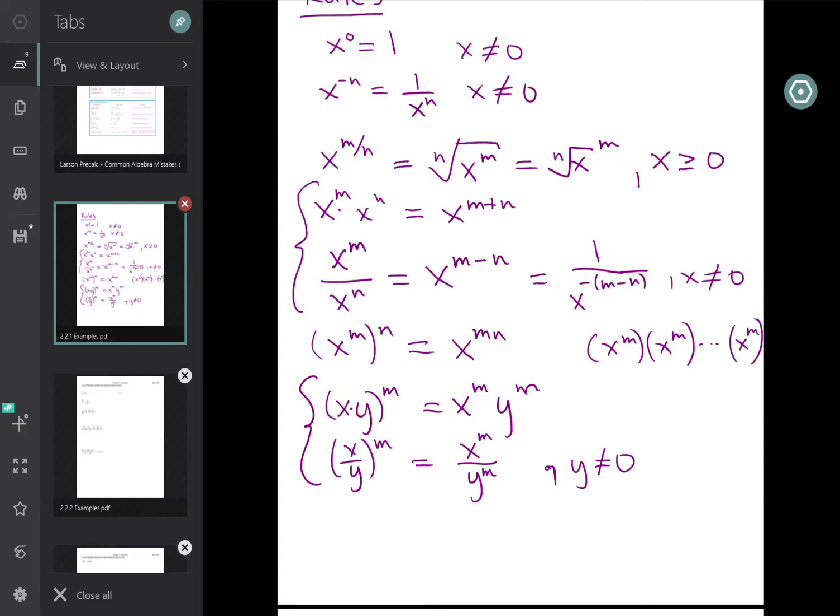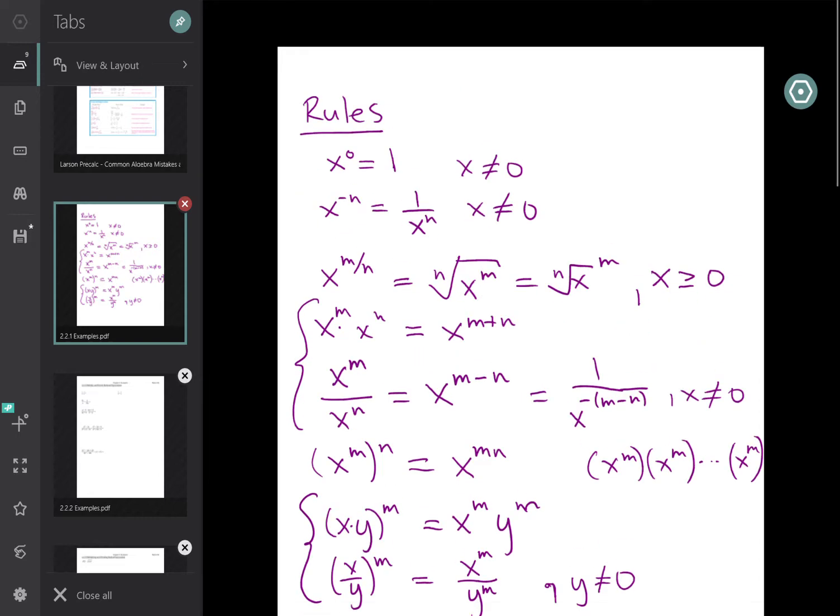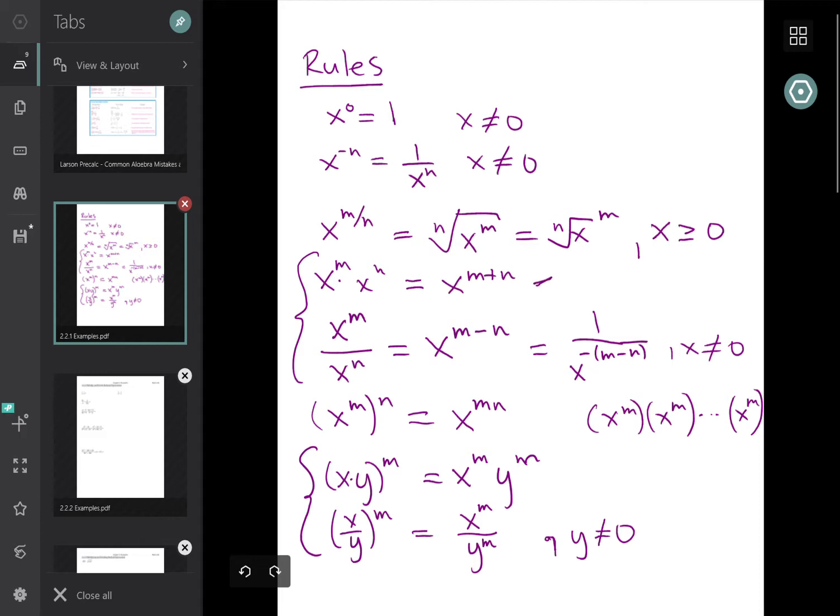My hope is that there's some intuitive understanding of these rules. If you ever get stuck, say you're on x to the m times x to the n, make yourself examples. If I have 5 squared times 5 cubed, what does that really mean? It means I have 5 times 5 multiplied by 5 times 5 times 5, which means I have a grand total of 5 5s.